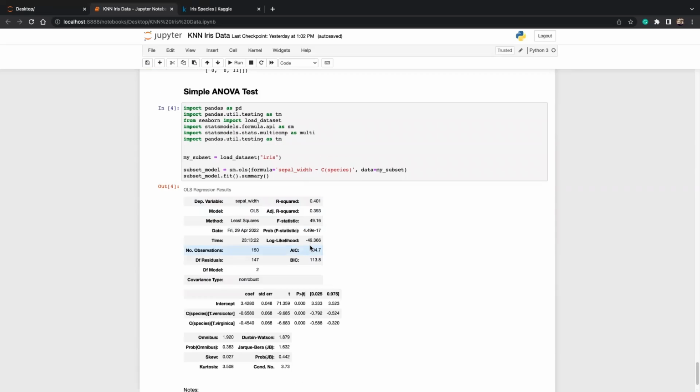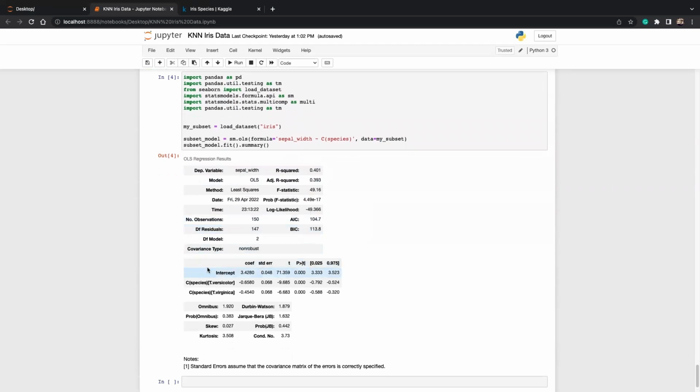Then we can find the probability of the F statistic. This is our P score test. It came out as 0.004, and our significance level is higher, so we will be rejecting the null hypothesis.